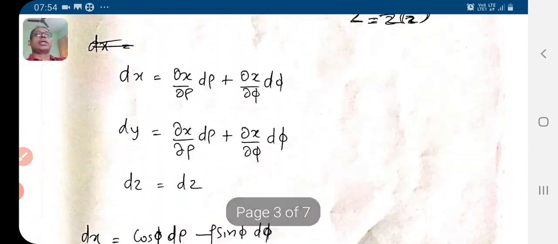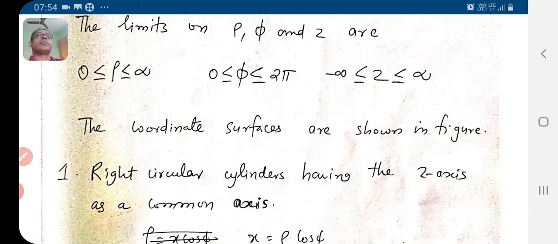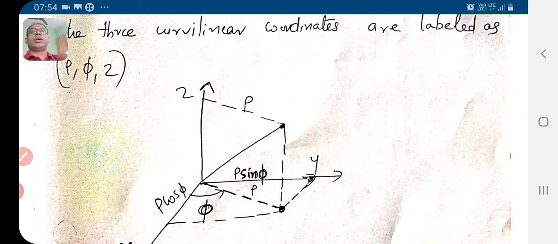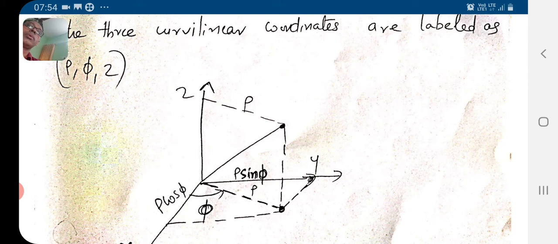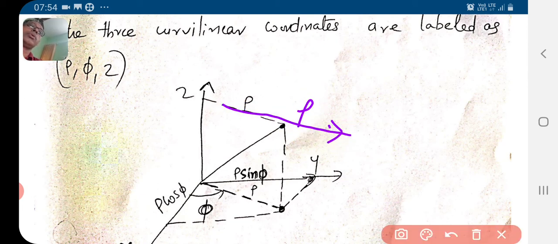And you know the direction of rho, phi and z here. Rho is increasing in this direction, so unit vector rho will be in this direction, and z will be here.